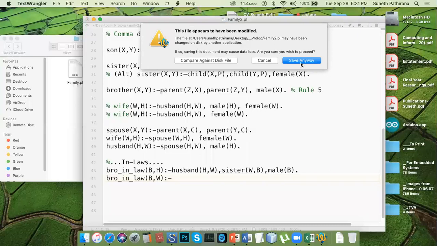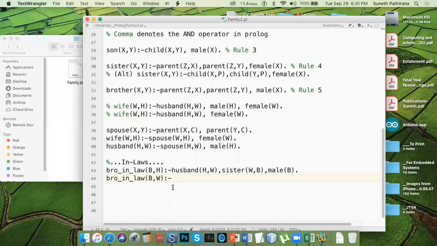So this time W, who is a female person, and B, capital B, is going to be the brother-in-law of W. This time, again, this can be wife or spouse. You can use either wife, spouse, or even the husband relationship, valid. W is married to the husband, the third person involved. Okay, then what?